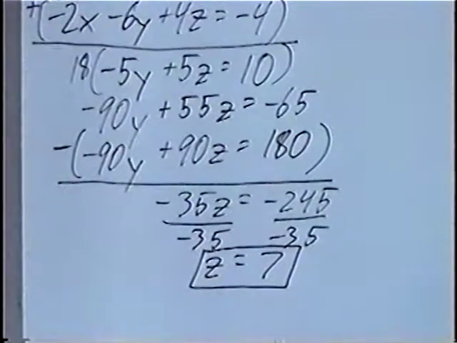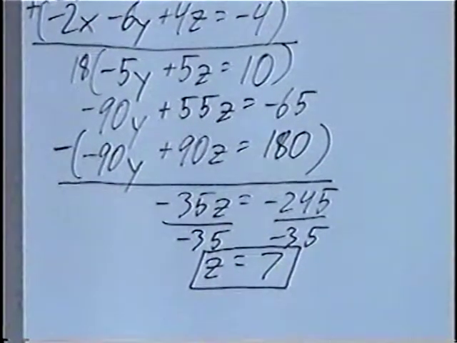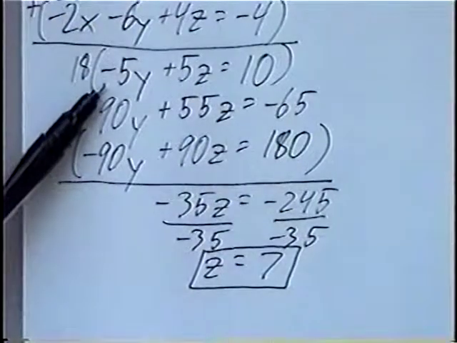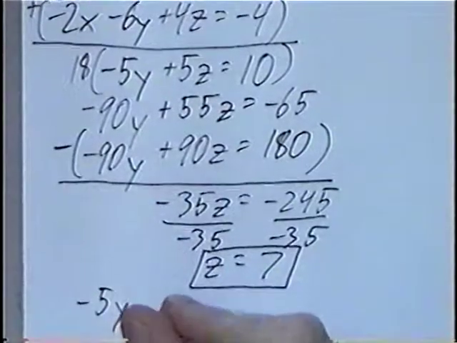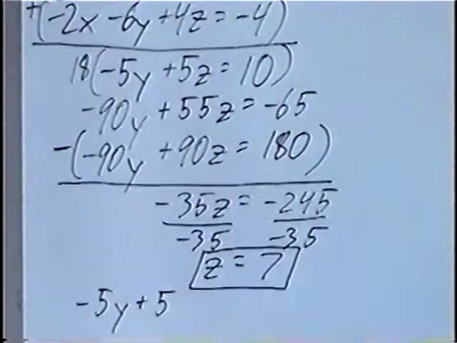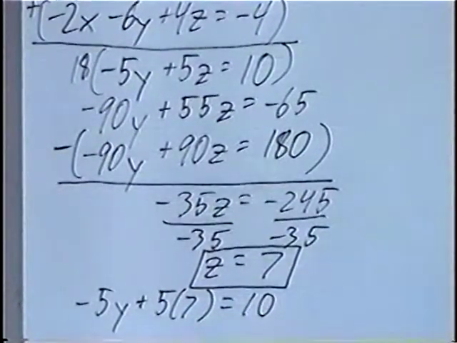Continuing this question, once you find one variable, you can plug it back into any other equation to solve for the others. An easy equation to use would be one that has z and one other variable. For example, the last equation we had with y and z would be negative 5y plus 5z, but instead of z, we can put a 7 in, and equals 10.